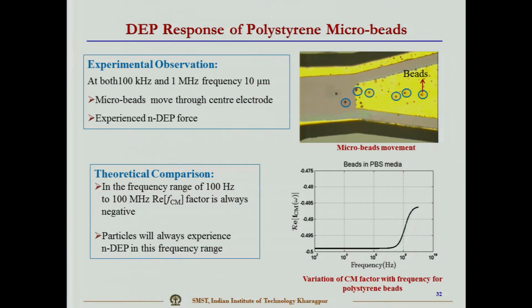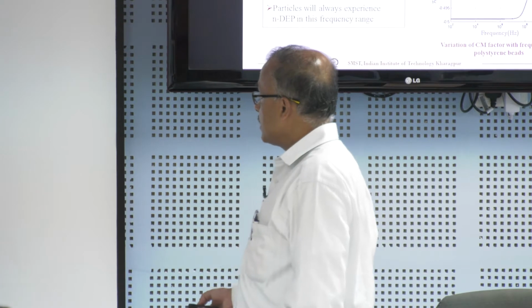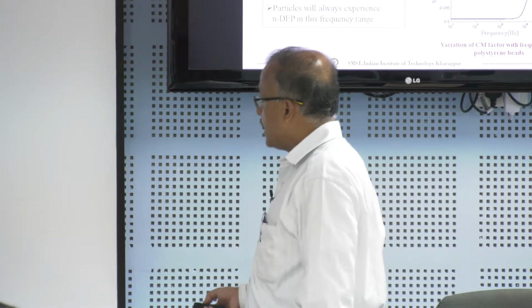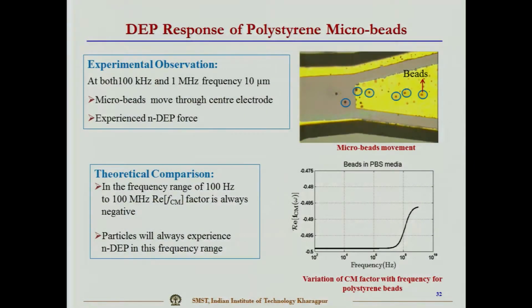While it is flowing through this, we have changed the frequency of the input signal from 100 hertz to 10 to the power 7, more than 1 megahertz. Nowhere have we found that in almost all cases, up to megahertz, the particle is flowing in this direction, straight away from inlet to the outlet channel.